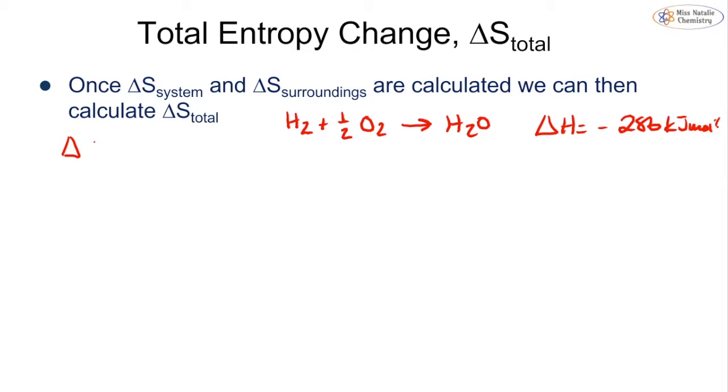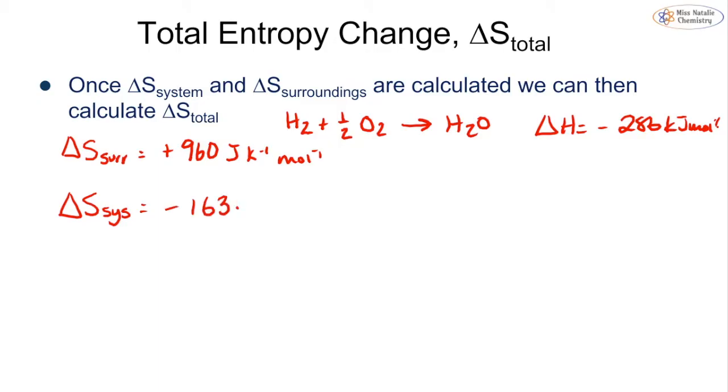We've just worked out that the entropy of surroundings is plus 960 joules per Kelvin per mole. And we could work out the entropy of the system using those values that we used previously in the table, and we get minus 163.2 joules per Kelvin per mole.